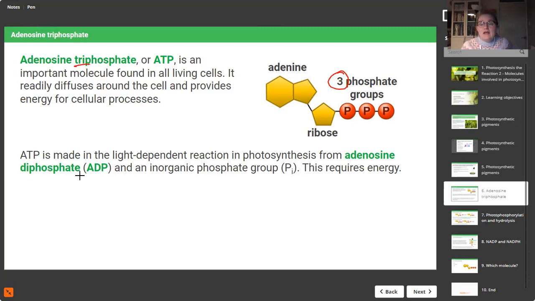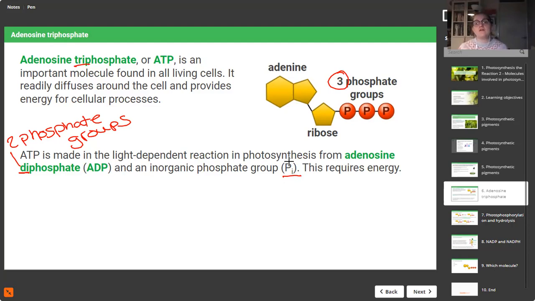Adenosine diphosphate is exactly the same molecule, except it only has 2 phosphate groups. So ATP is made from adenosine diphosphate and an inorganic phosphate group, which we always write as P, with a little i, to show it's an inorganic phosphate. Basically these two are bonded together, and when they're bonded together, they make adenosine triphosphate.